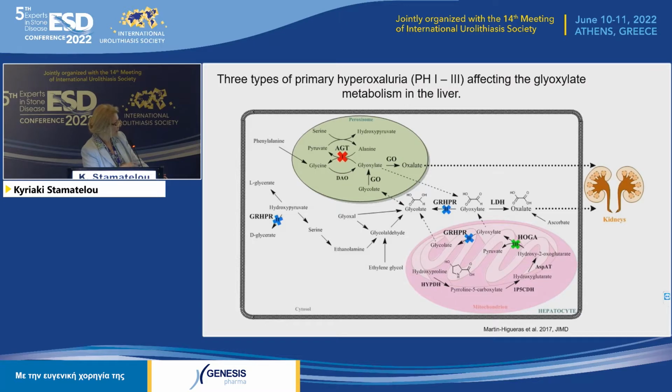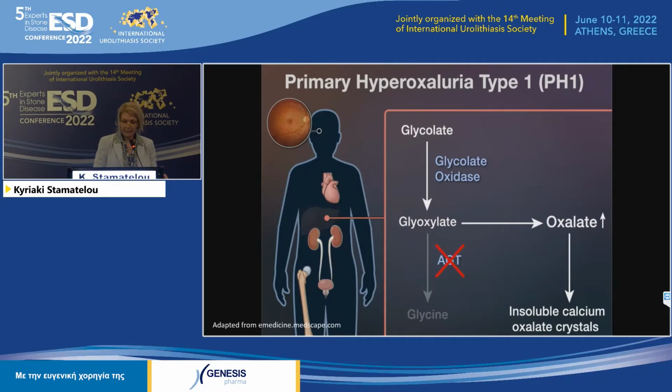This is the liver cell, and the result of the lack of enzyme, and I'm referring now to primary hyperoxaluria type 1, is the accumulation of glyoxylate, because this enzyme is missing.